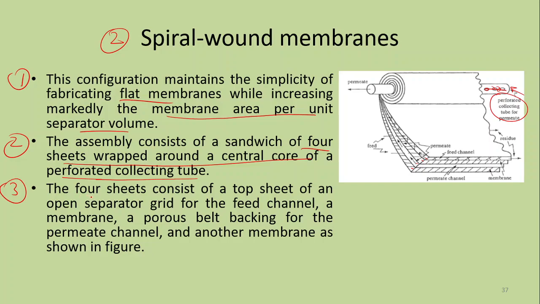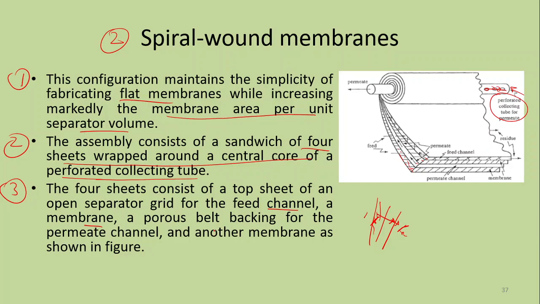Now look, what is the objective of these sheets? The 4 sheets consist of a top sheet of an open separator grid for the feed channel, which is provided for the feed. Then a membrane is there. Obviously when the membrane is there, the material that passes through the membrane is the permeate.